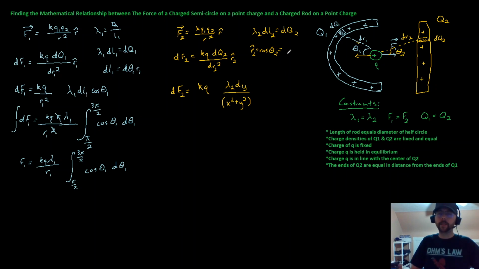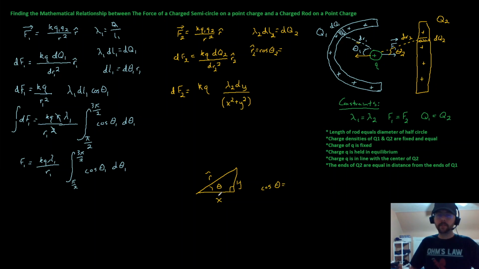I don't remember x being, hold on a second, I will redraw the triangle, it's going to make it a little easier for me. So if this is theta, this is the direction of r hat, and this is x, this is y.